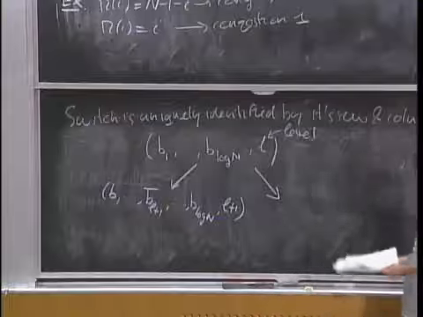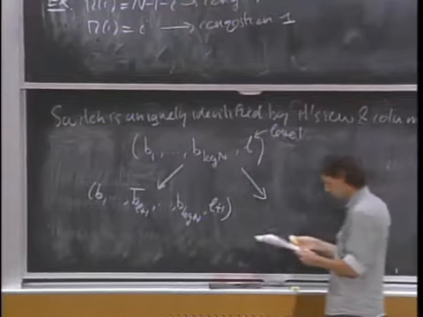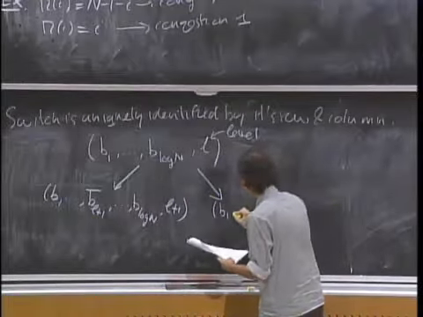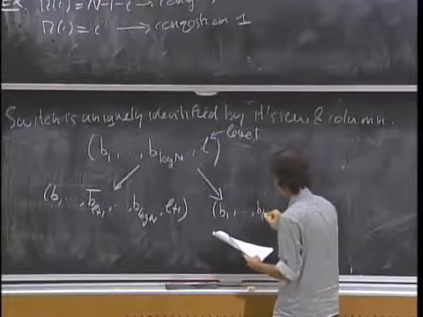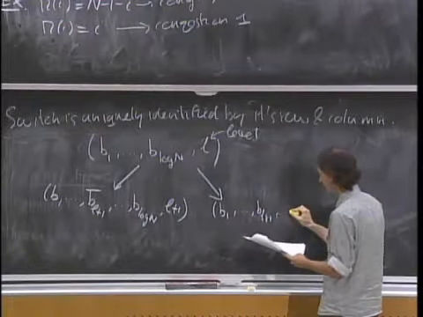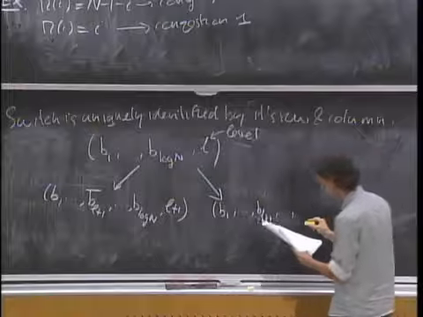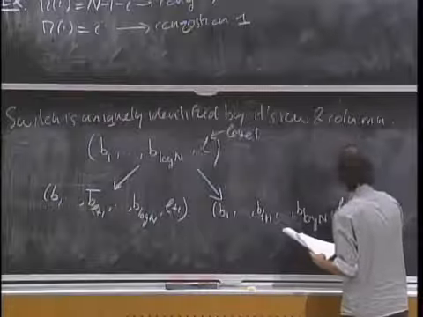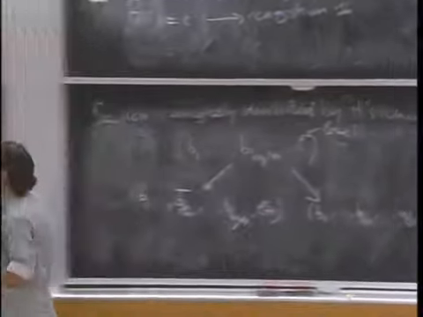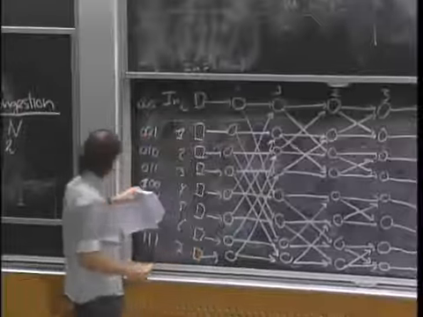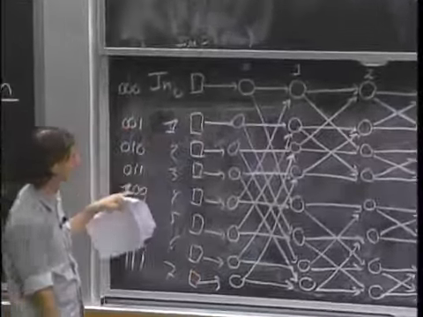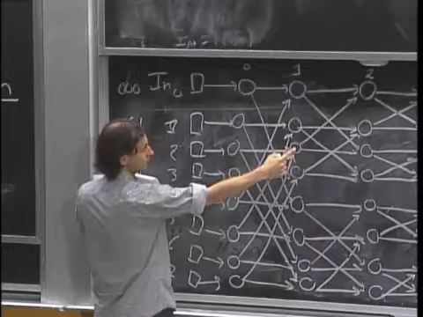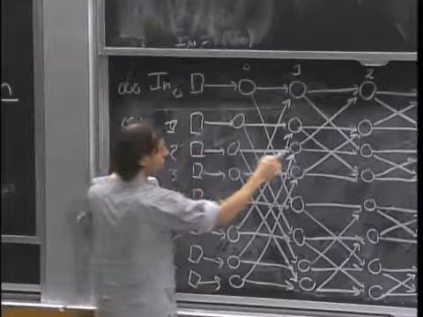Another possibility, because there are two outgoing edges, is that we have just b1, and we copy bL plus 1, essentially. We route the packet straight forward. We don't do anything special. We get b log n over here, and then go to the next level. So for example, let's see how this works. Take this particular switch. We have 0, 1, 0. It can either go straight on to the next level.